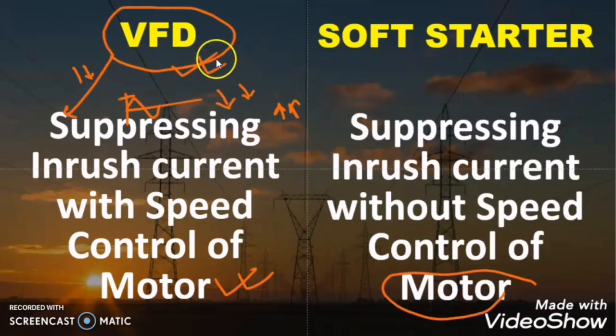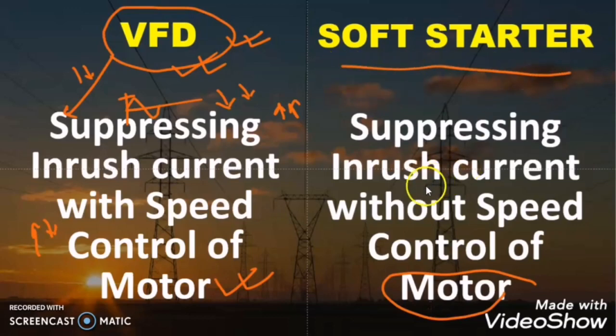So we can say that with the VFD, not only at the time of starting but also during operation, we can change the voltage and frequency of the power supply in order to change the speed of the motor. It means we have a facility to change the speed of the motor at any point: at the time of starting, during operation, and at the time of stopping also.